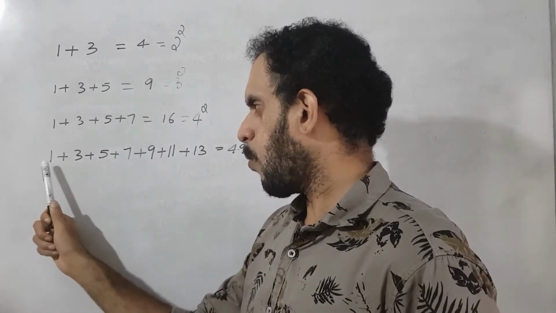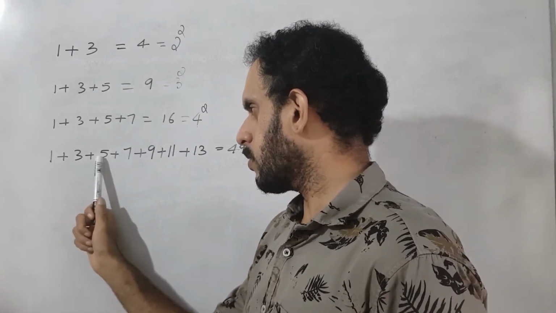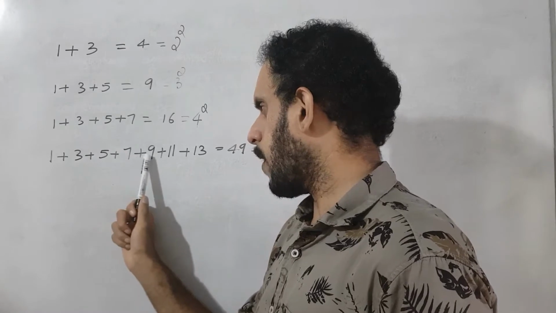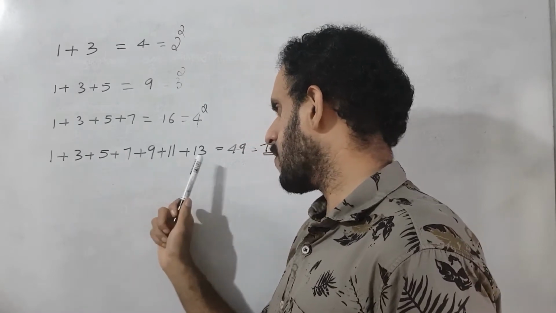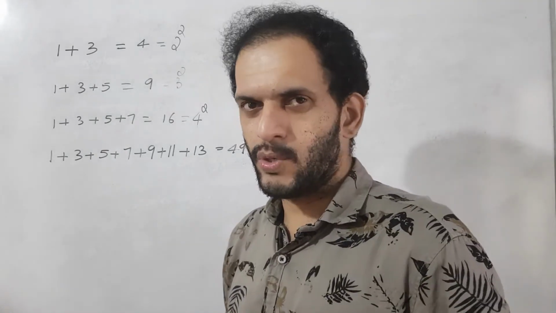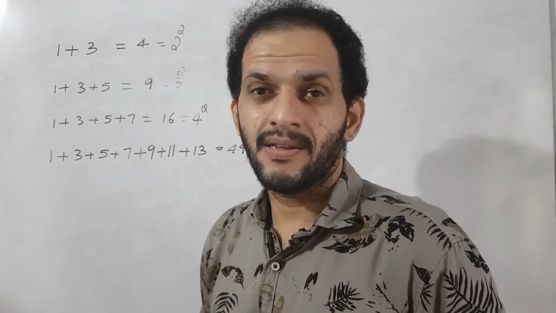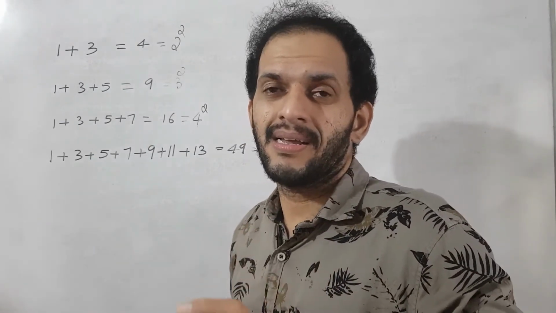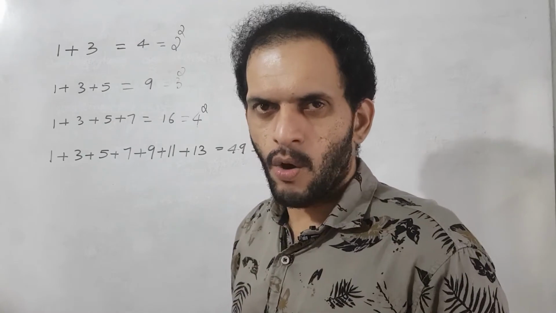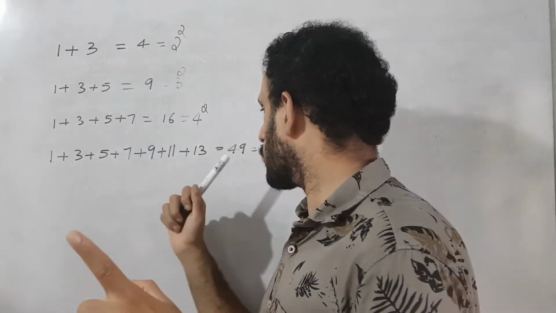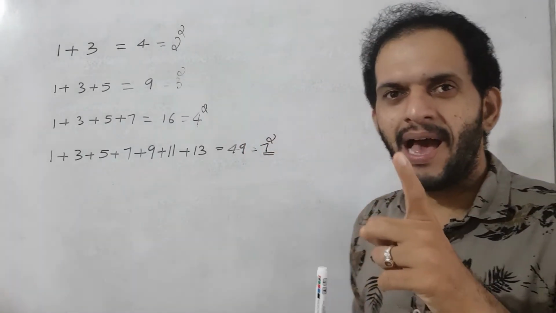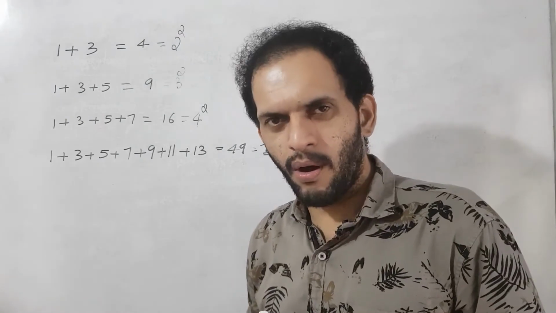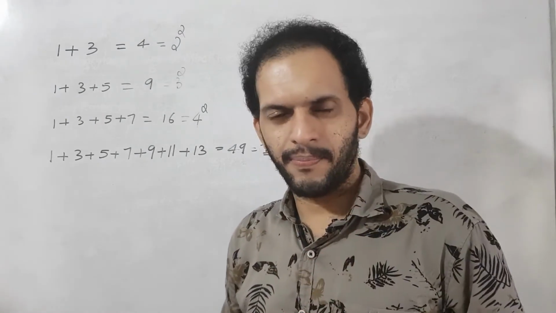We use 1, 2, 3, 4, 5, 6, 7. Seven odd numbers. What is the result? The result is 49. 49 is the square of 7.